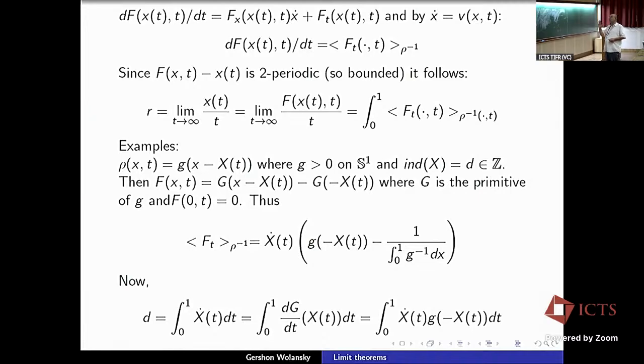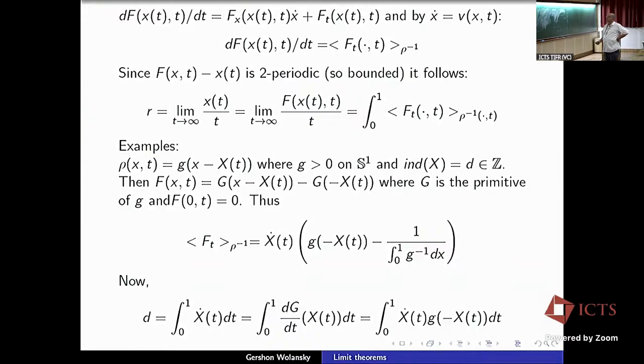We can decide wherever we want the zero of f, because we saw that it's defined only up to a shift constant. So we choose f to be zero on the orbit x of t.